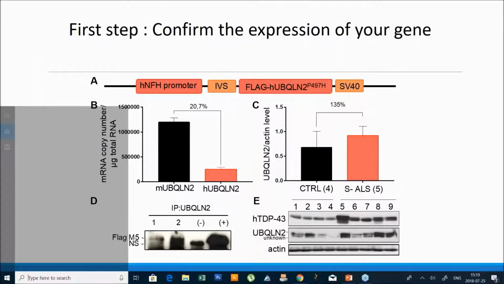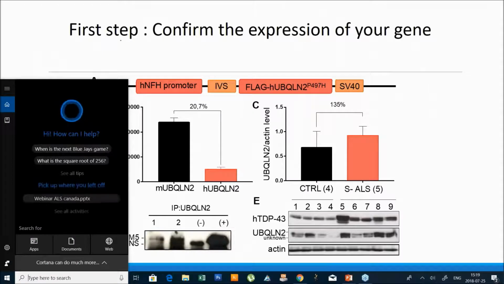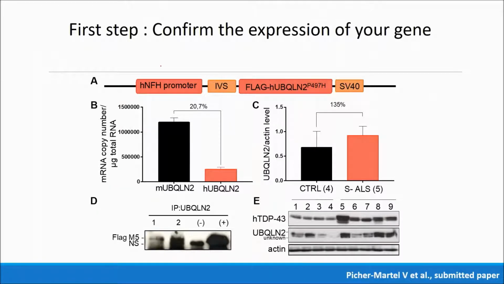So I will explain to you all the steps that we have to cross to do a new mouse. So the first one is for sure to confirm the expression of your gene. So we introduce the Ubiquilin-2 gene. We have to be sure that the Ubiquilin-2 is in fact expressed in the cells.